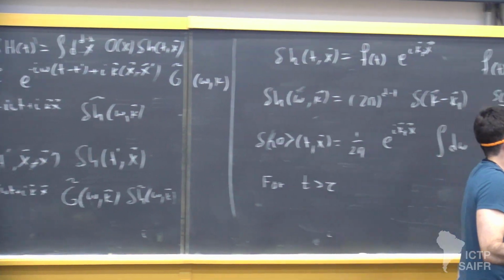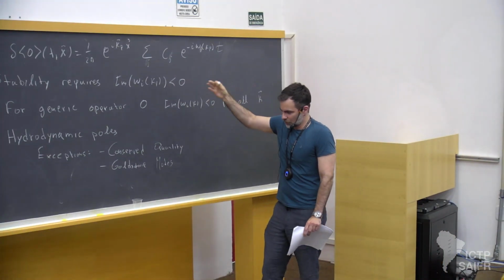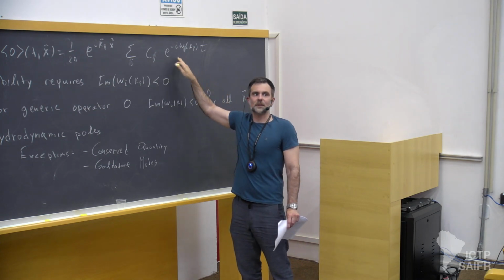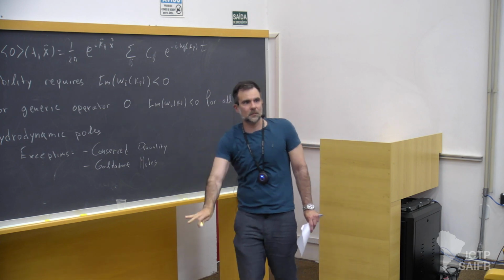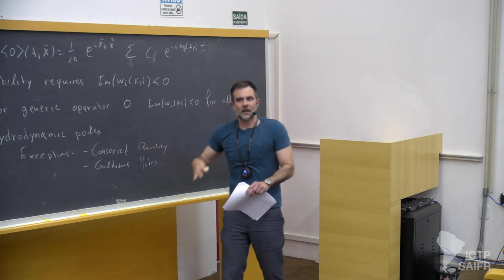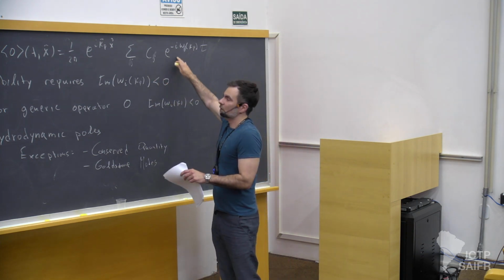In fact, the closer your pole is to the origin, the more dominant it becomes at late times. The poles that are deep in the complex plane will just die off very fast. And what will dominate everything as you thermalize again is the hydrodynamic modes.